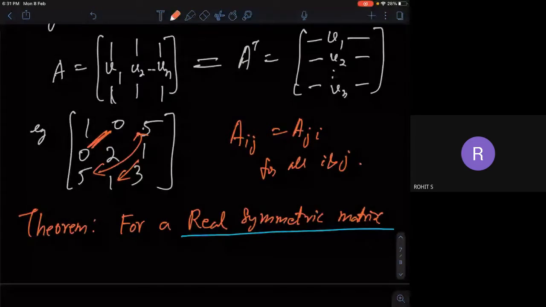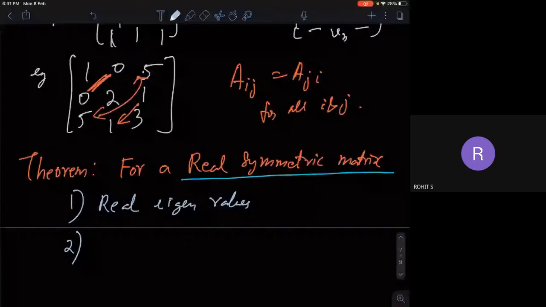the following things hold. Its eigenvalues are real. You always get real eigenvalues. This confusion about these kinds of things won't happen. Such ugly matrices won't happen here.